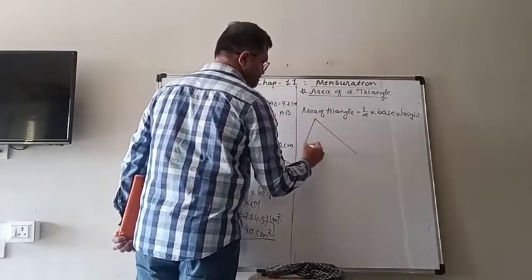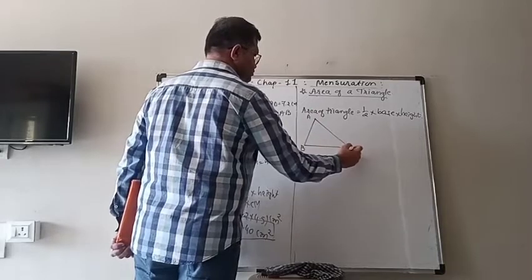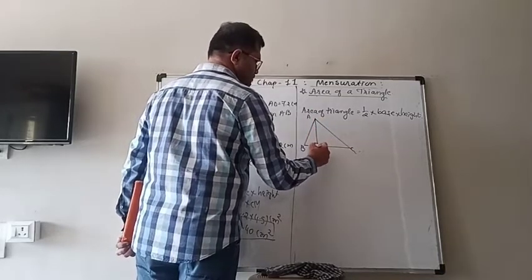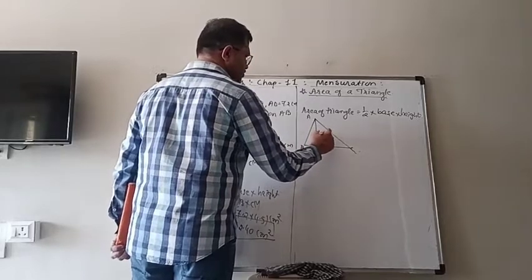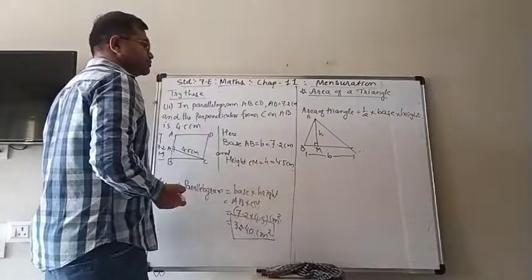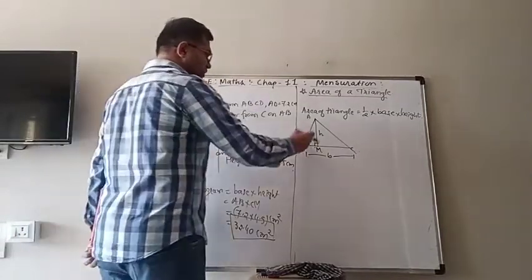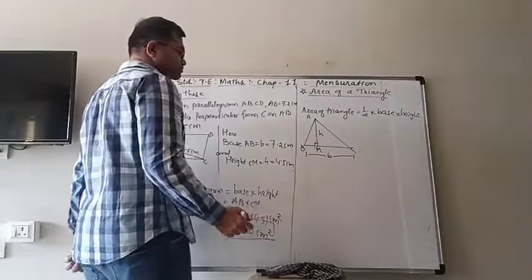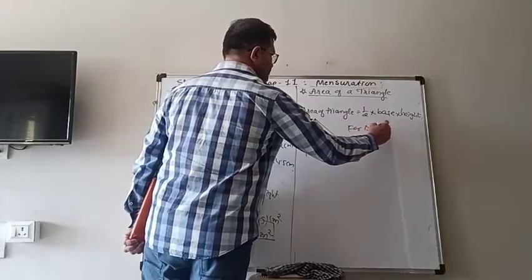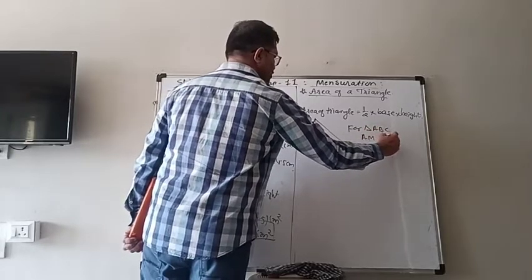So suppose this is a triangle ABC. Here we have to draw a perpendicular, that is your height, and that is your base. And here also the height must be on the same base. So for triangle ABC, AM is perpendicular to BC.